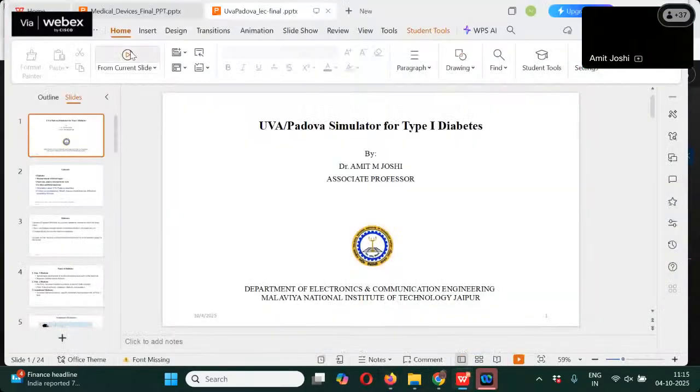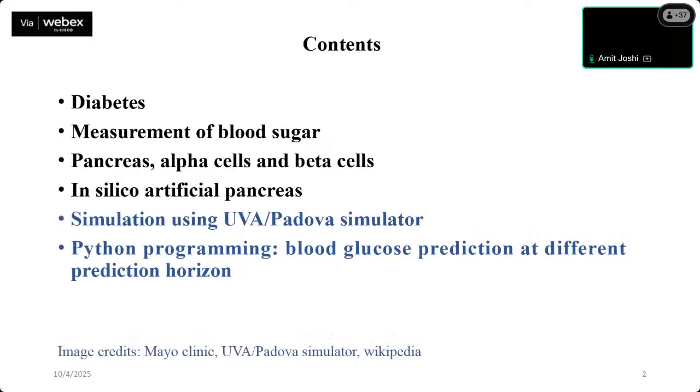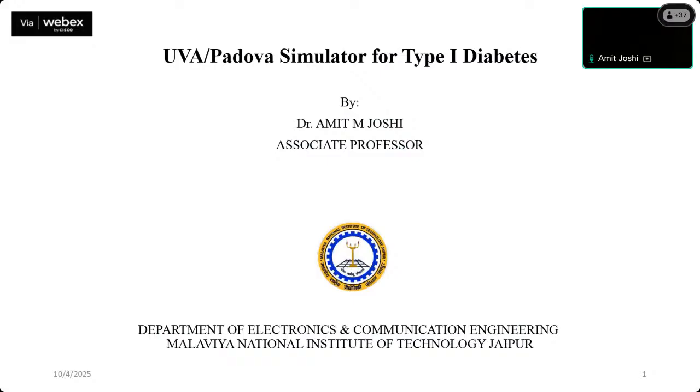So, we are going to discuss now one of the very important simulators, UVA/Padova. In our research group, we have been working on diabetes for the past 4 to 5 years, and for the past 2 years, we have started on diabetes management.